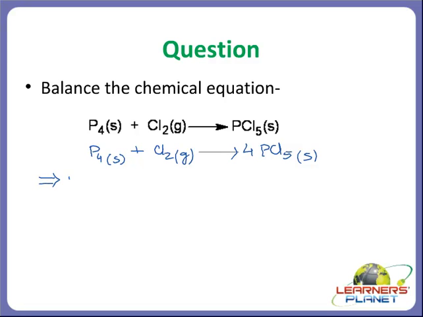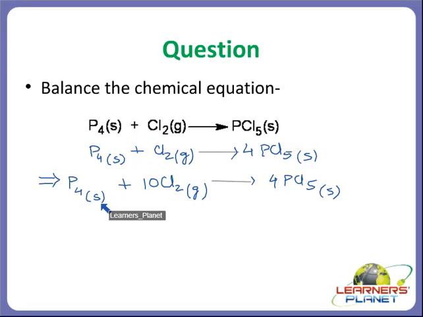So what I can do is P4 solid plus 10Cl2 gas, and it will give me 4PCl5 solid.